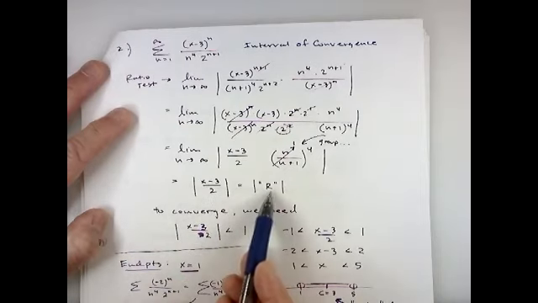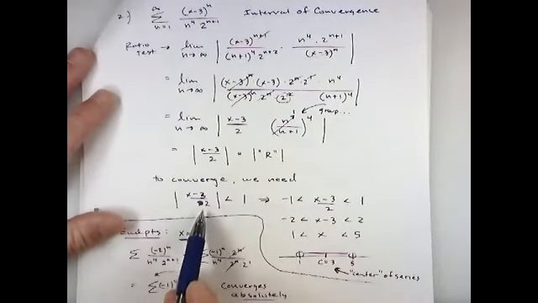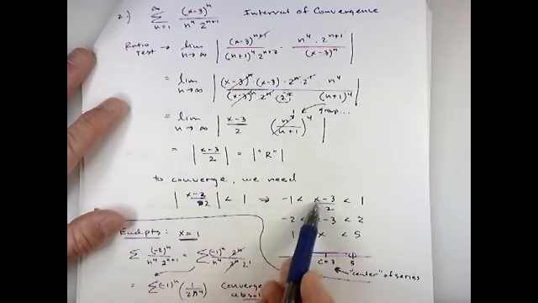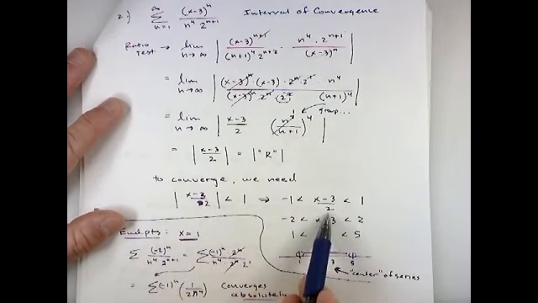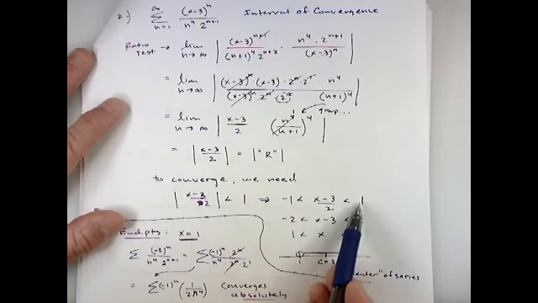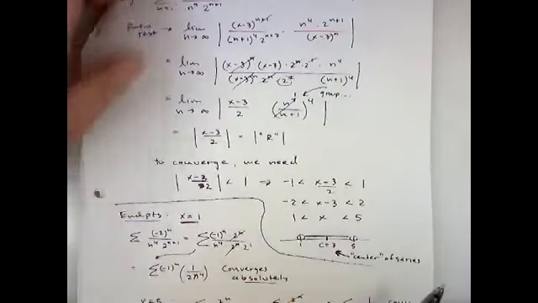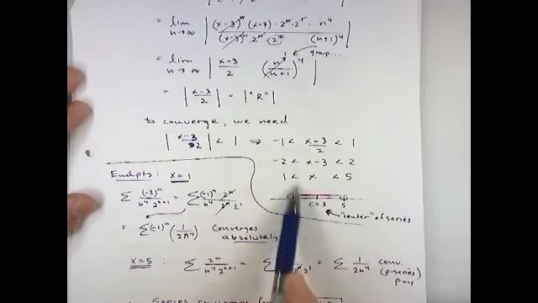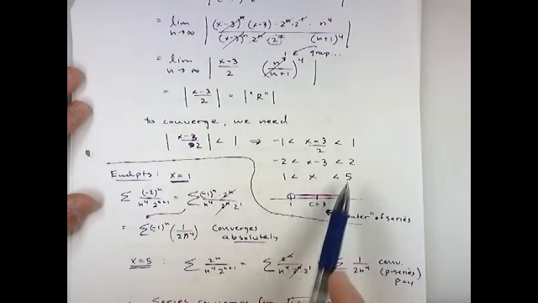That's your quote-unquote r value. To converge, we need that to be less than 1, which means x minus 3 over 2 has to be between negative 1 and 1. X minus 3 is between negative 2 and 2. Add the 3 over, x is between 1 and 5.